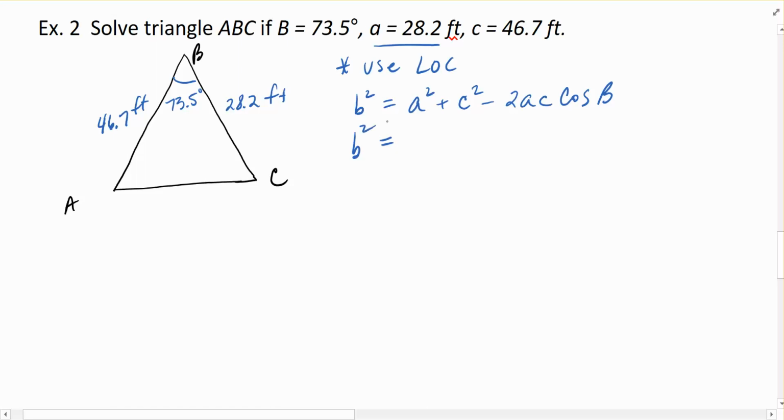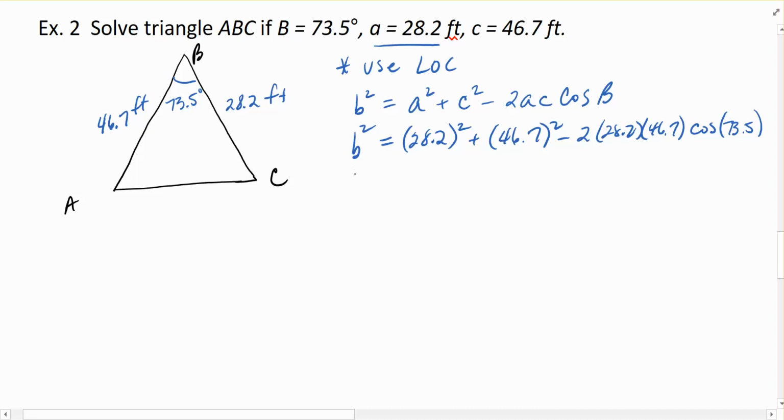So B squared has to be equal to 28.2 squared plus 46.7 squared minus 2 times those values, 28.2, 46.7 times the cosine of 73.5. And remember, this is degrees.